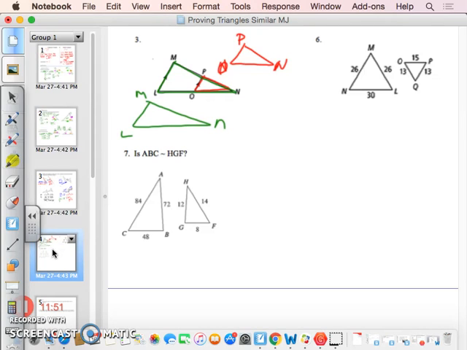One thing I can say for certain is this angle N, because they overlap, those are going to be congruent. And then I've got these parallel lines here. Because these are marked parallel, and I see a transversal line, I can say that this is going to correspond to this. So those are going to be corresponding angles.